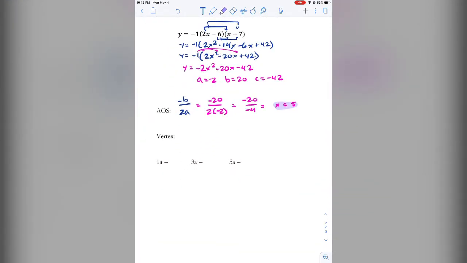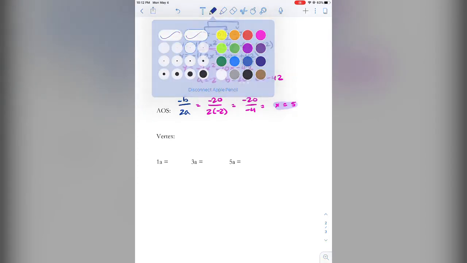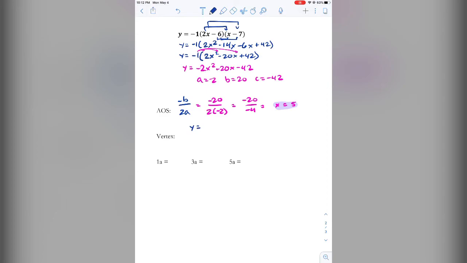And then now, if you remember, your vertex is all about just plugging your x back into your equation. So we come over here, our equation is y equals negative 2x squared plus 20x minus 42. So I'm going to plug my 5 back in. So now I have y equals negative 2 times 5 squared plus 20 times 5 minus 42. We do the 5 squared first.